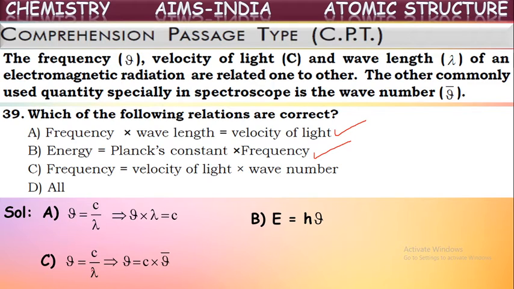So nu is equal to c into 1 by lambda, and we know 1 by lambda is nothing but wave number. So in the place of 1 by lambda we get nu bar. So nu is equal to c into nu bar. That is, frequency is equal to velocity of light into wave number. So this is also correct. They're asking which relations are correct. These three are all correct. Okay, next one.